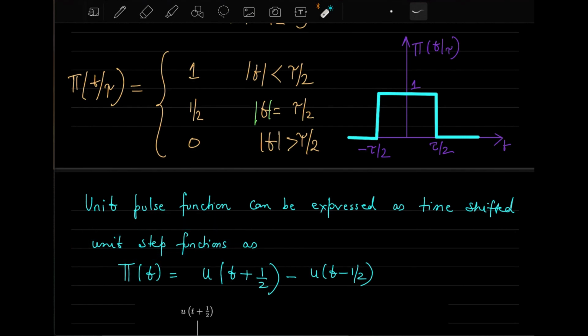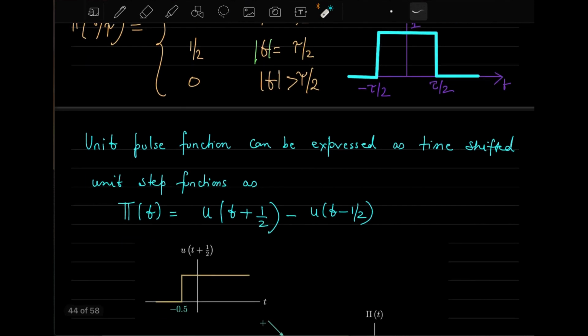Pulse functions can also be used as a basic building block, but more fundamental basic building blocks are unit step functions, because they are the ones from where you can build other complex functions.